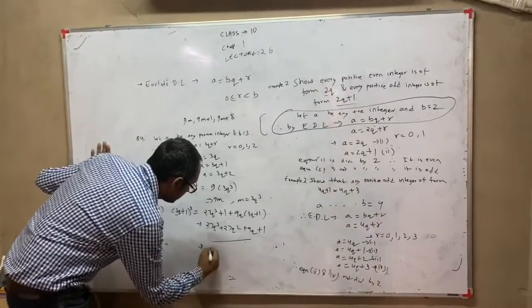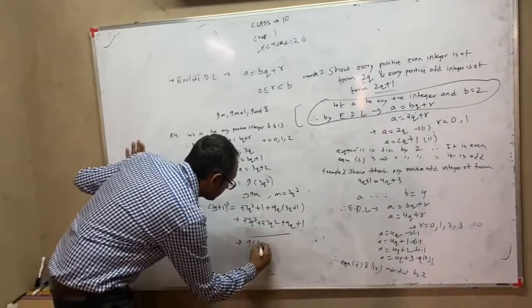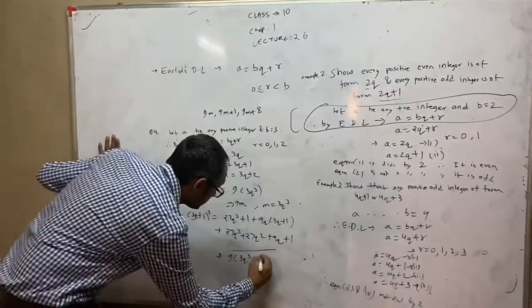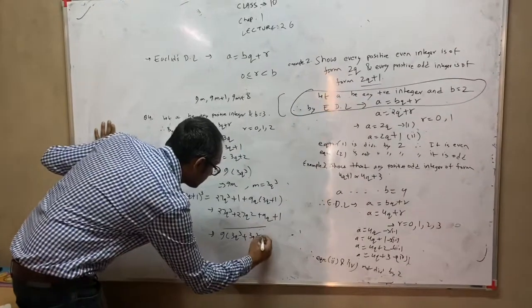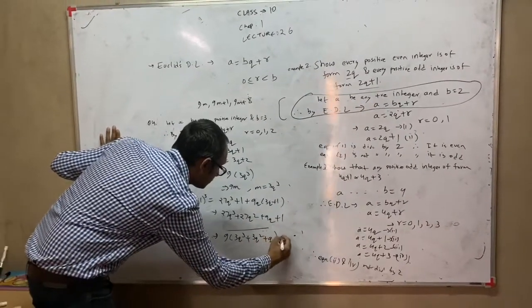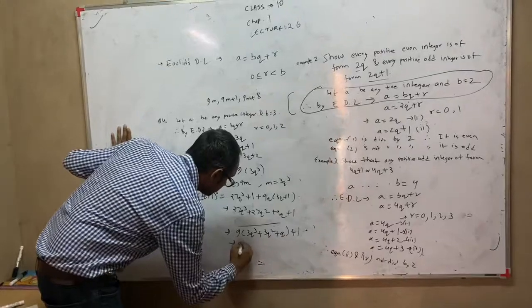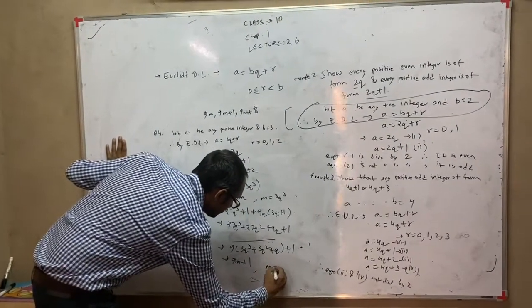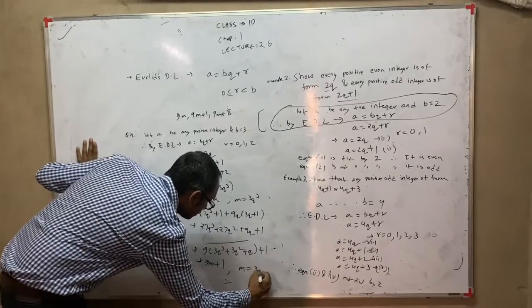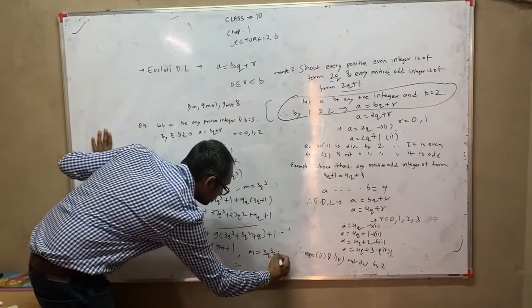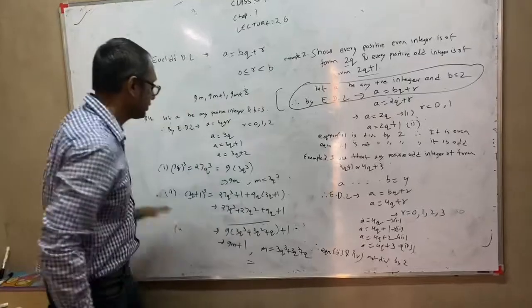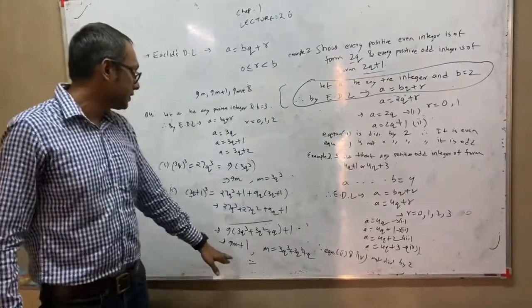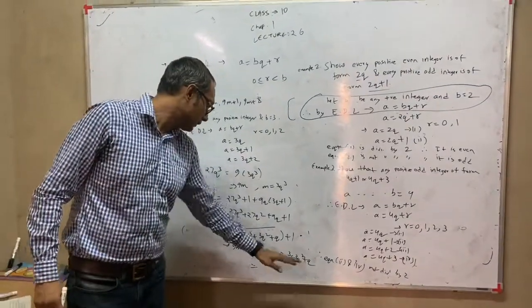Now taking 9 common, we get 3q cube plus 3q square plus q plus 1, so 9m plus 1, where m is equal to 3q cube plus 3q square plus q. Okay, so now this one I have represented in the form of 9m plus 1.